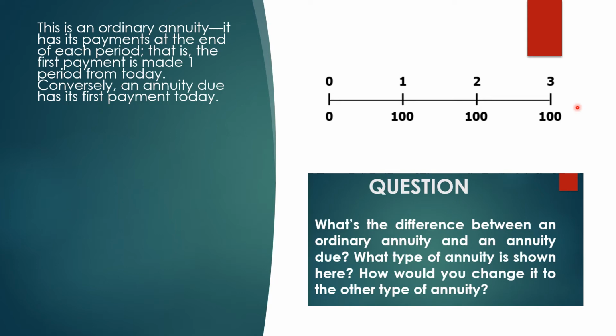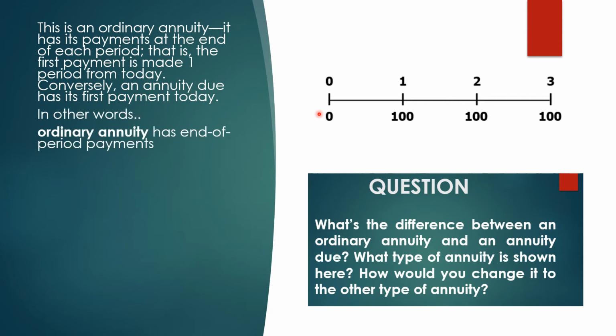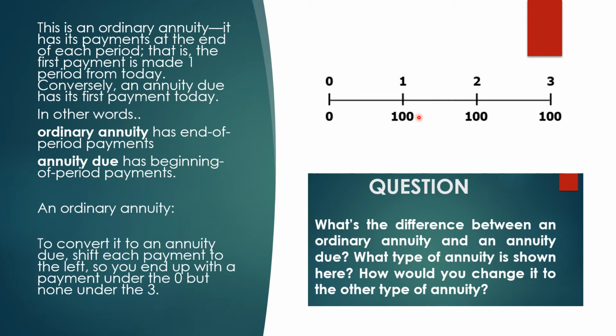On the other hand, an annuity due has its first payment today, so that 100 is supposed to be here if that is an annuity due. In other words, an ordinary annuity has end-of-period payments, while an annuity due has beginning-of-period payments. So always remember, ordinary annuity is December 31, annuity due is January 1 of the same year.